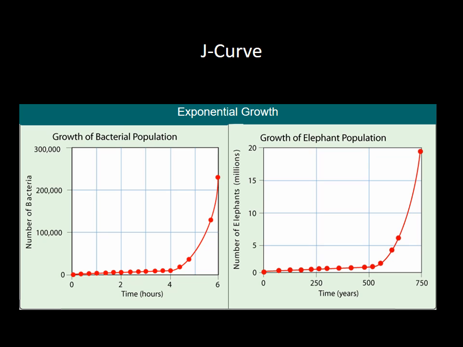However, the elephant population went from about 1 million elephants all the way up to 20 million elephants, and that took 750 years. So you can see that exponential growth, depending on the length of the life cycle of the organism, can take quite a while for you to see that growth.